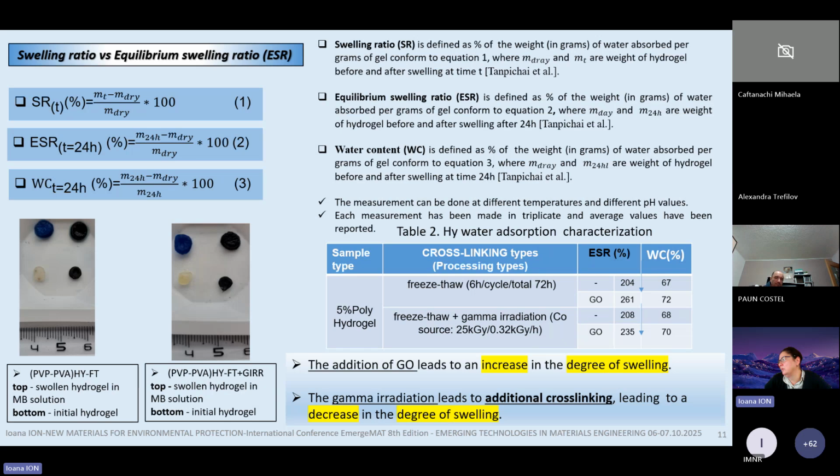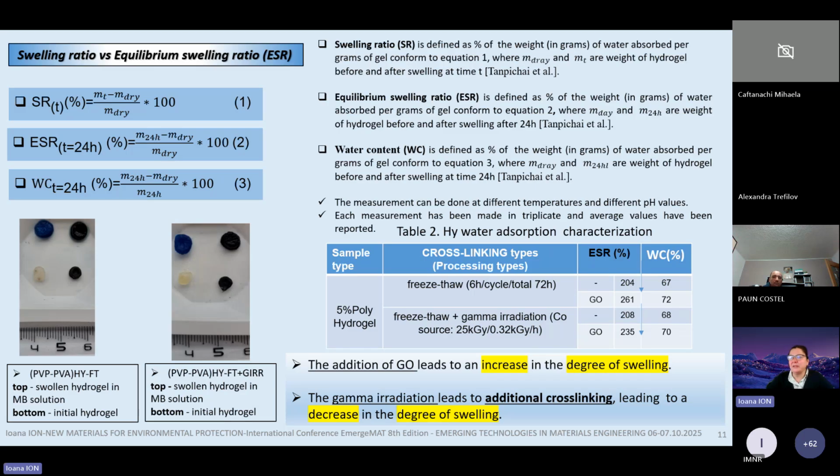The differences are not too big, but enough, and a small difference is present for the irradiated hydrogel, because the additional cross-linking leads to a decrease in the swelling degree.